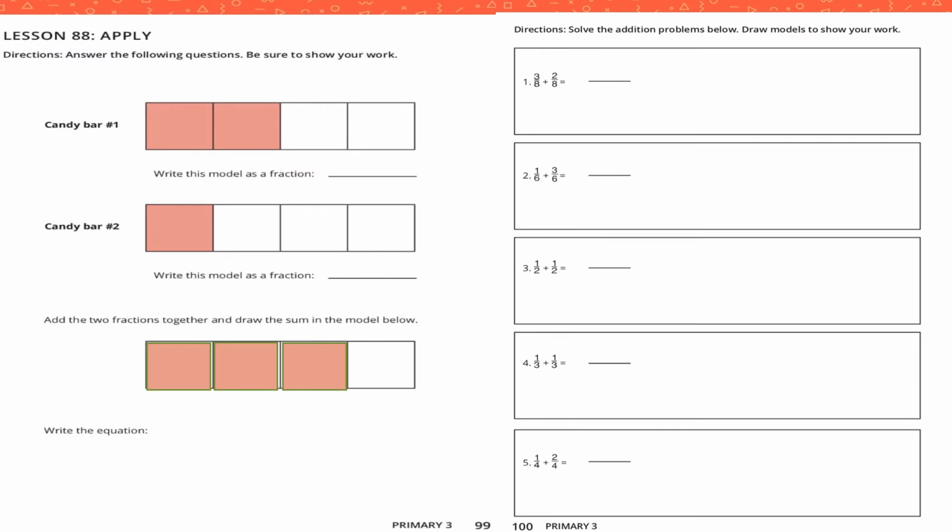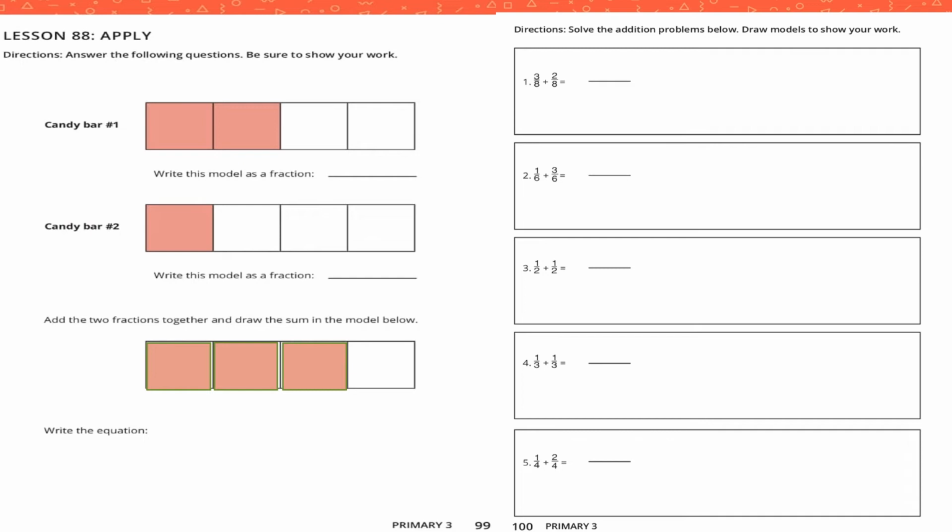Let's start the apply part here. Answer the following questions. Be sure to show your work. Look at number 1, this figure, a candy bar. The question: write this model as a fraction. Remember the rule of the fraction: the number of colored parts over the number of total parts.